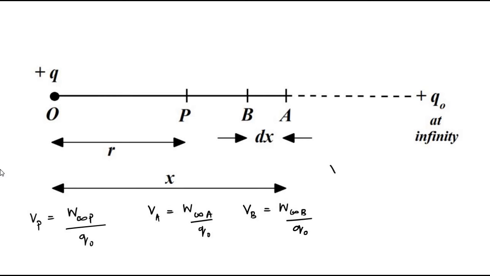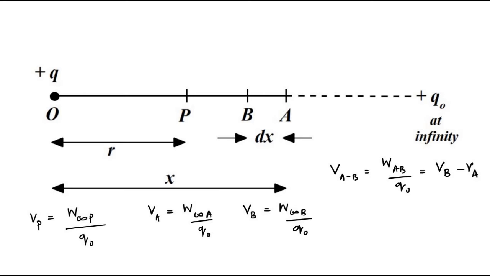And the potential difference between 2 points, let's say between A and B, is the work done in moving the charge from A to B divided by the test charge value, which is basically VB minus VA, because VB is at a higher potential than A, because more work will be done in moving the charge to B than to A, because B is farther from infinity than A. Infinity is just for the sake of a far away distance.